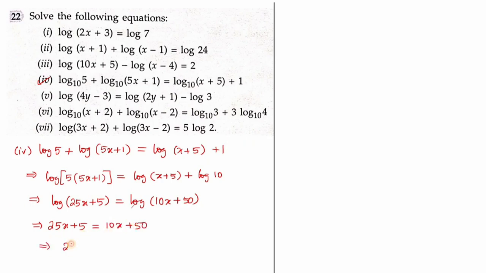So this gives us 25x minus 10x is equal to 50 minus 5, which is 15x is equal to 45. So from here x is equal to 45 by 15. When you do the cancellation, you get x equal to 3. So this is the answer for the fourth one.